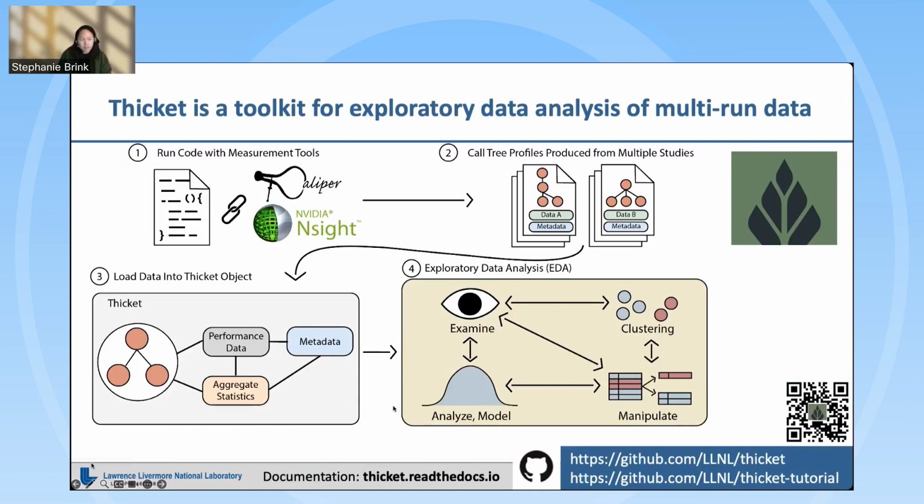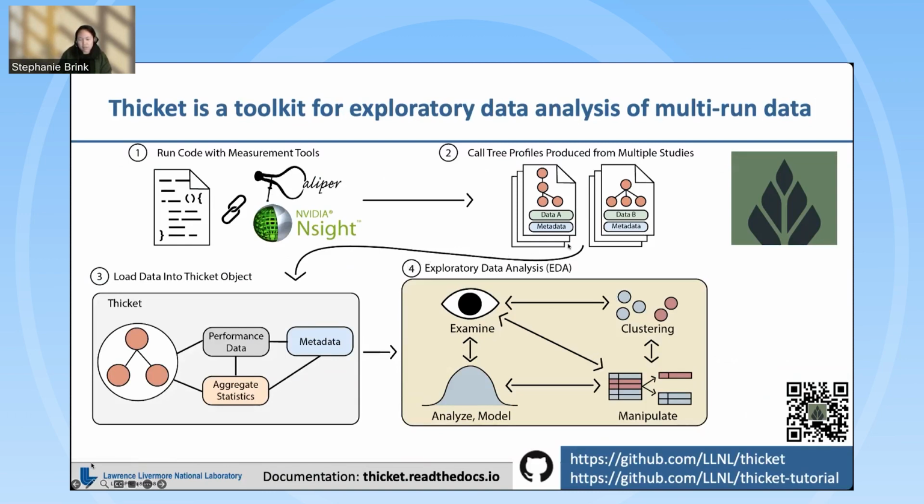So to summarize, Thicket is an open source toolkit for exploratory data analysis of our multidimensional runs that we've built in Python. David showed you how to collect metrics and performance profiles using Caliper.